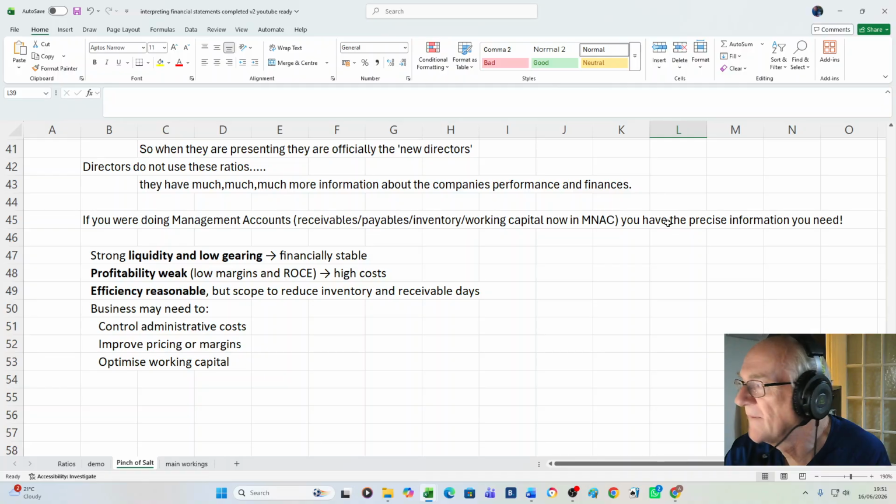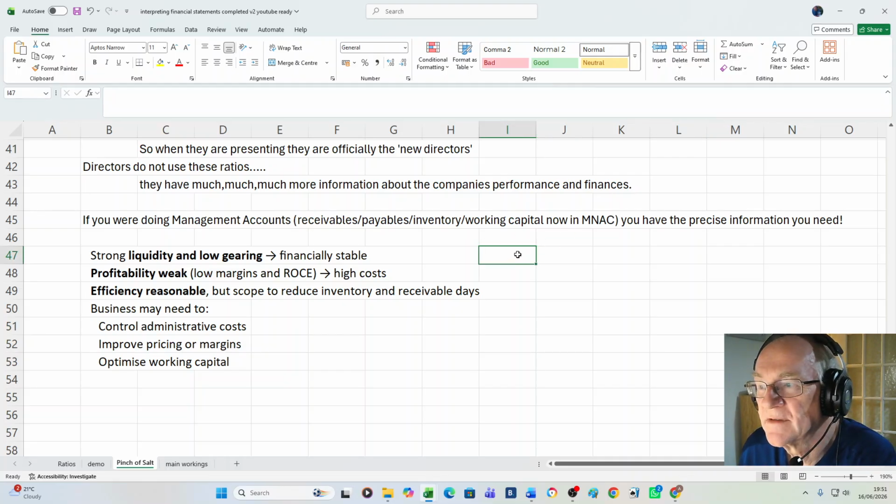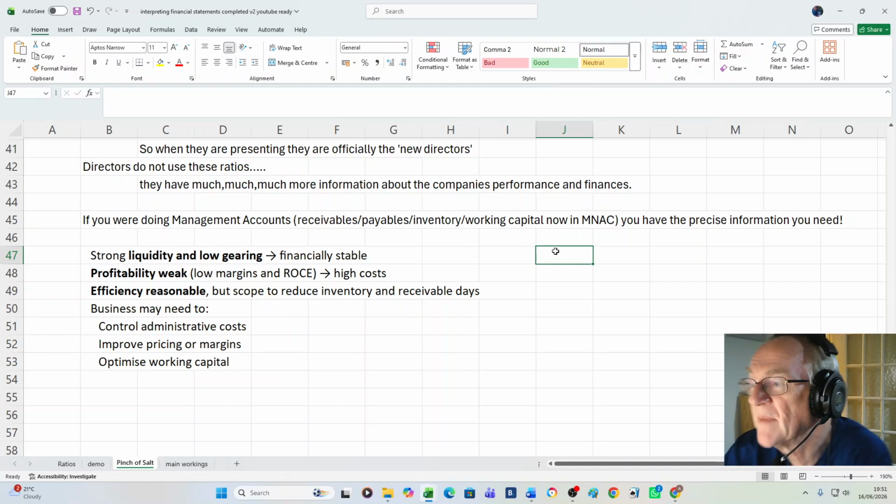And obviously, the point I have mentioned before, management accountants will have the correct figures. They will have purchases, up-to-date numbers, today's bank accounts. So management accountants are using slightly more up-to-date figures. There's no reason why you couldn't calculate the ratios as a performance measure, along with other performance measures, on a monthly basis for a business.